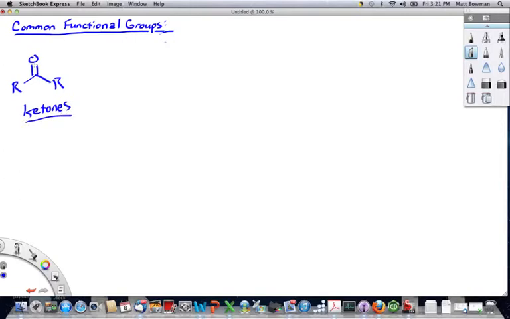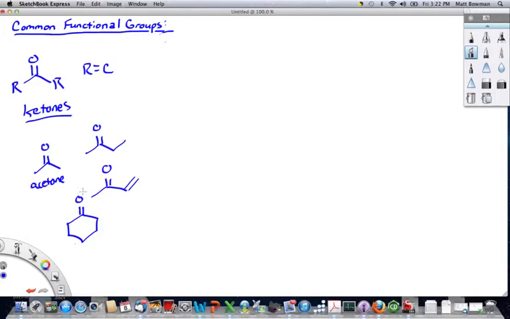Now with a ketone, you have a carbonyl flanked by two carbons. R has to be any type of carbon. So here we have acetone. It's found in nail polish removers. We have methyl ethyl ketone. We can have methyl vinyl ketone. Ketones can be part of a ring. Here we have cyclohexanone. So here are the different types of ketones.